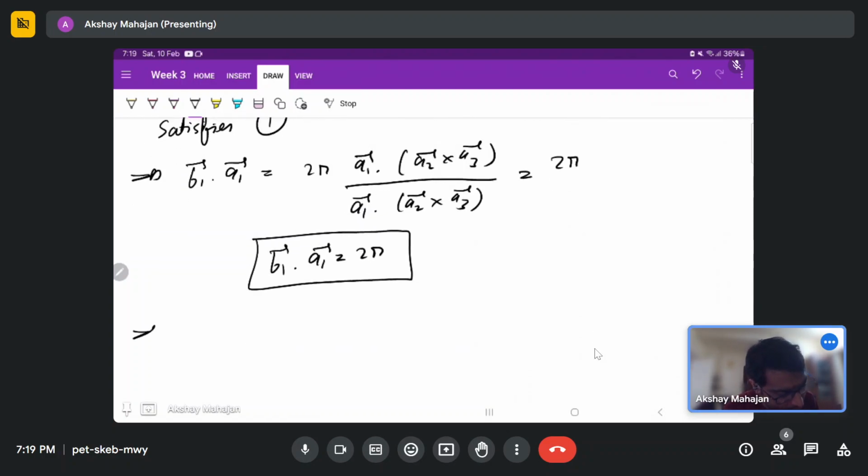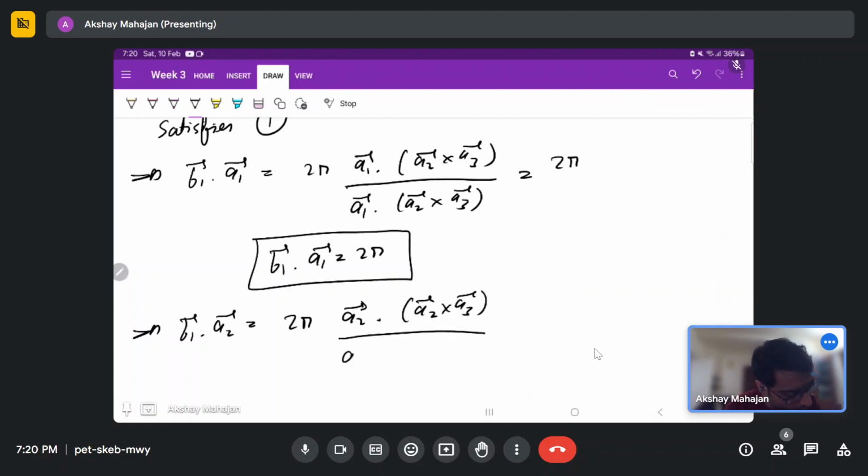Similarly, we can check b1 vector dot a2 vector. That will be 2 pi times a2 vector dot a2 vector cross a3 vector divided by a1 vector dot a2 vector cross a3 vector, and here a2 vector cross a3 vector is perpendicular to both a2 and a3, so that will be 0.